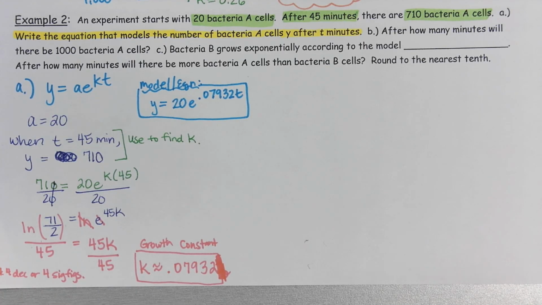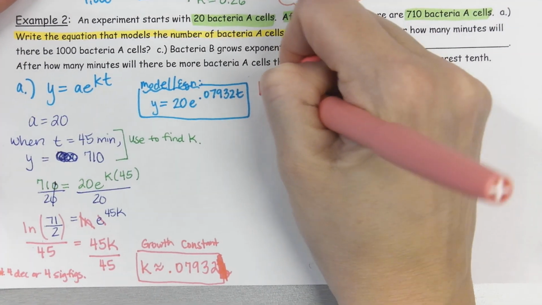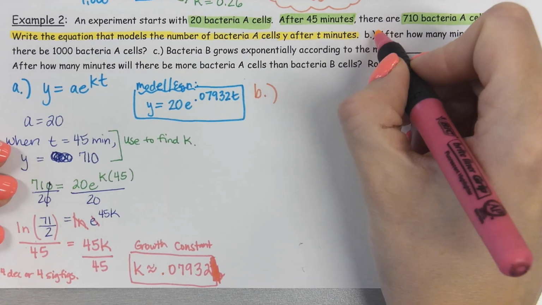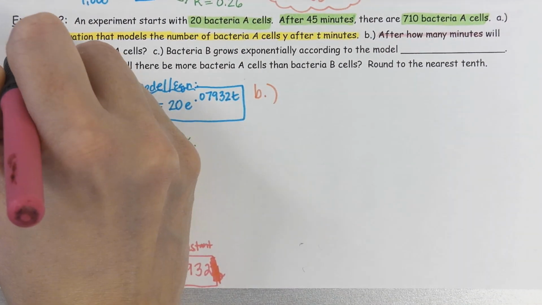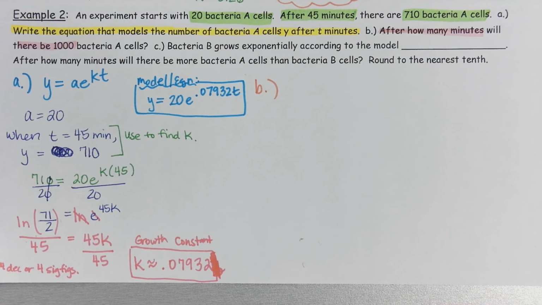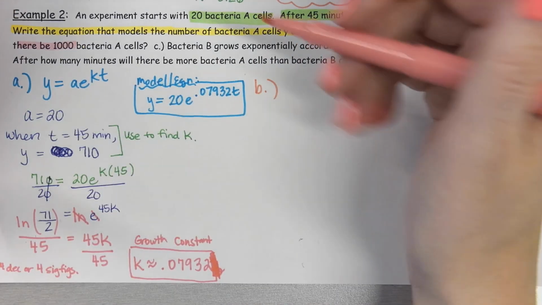All right, and then in part B, it says, after how many minutes will there be 1,000 bacteria A cells? Anytime they're asking you how many minutes or how long, that's an indicator that you're trying to find the time.